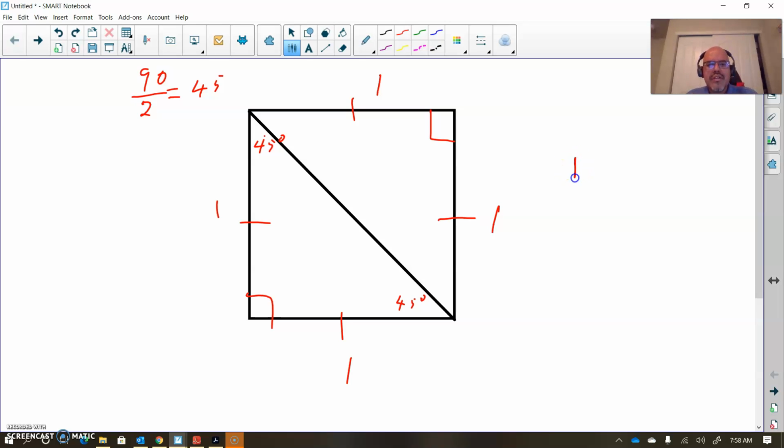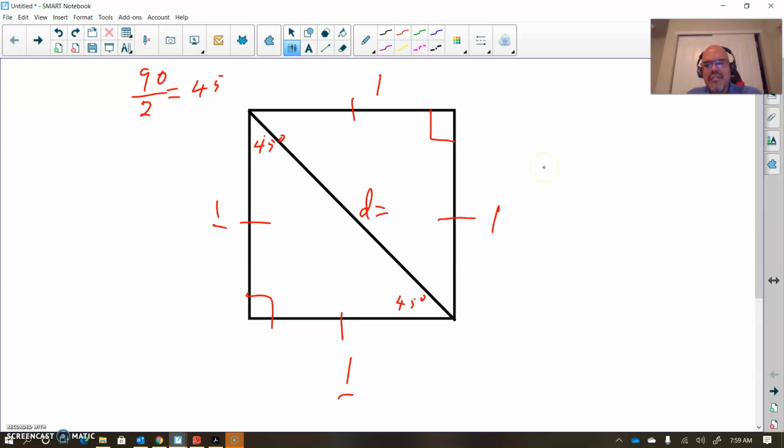So right here, this being the parent, we're going to be looking at the measurement of that diagonal. We don't have that here, but we do have that this triangle has sides of 1 and 1. So we're going to use the Pythagorean theorem to find out what this diagonal is equal to.